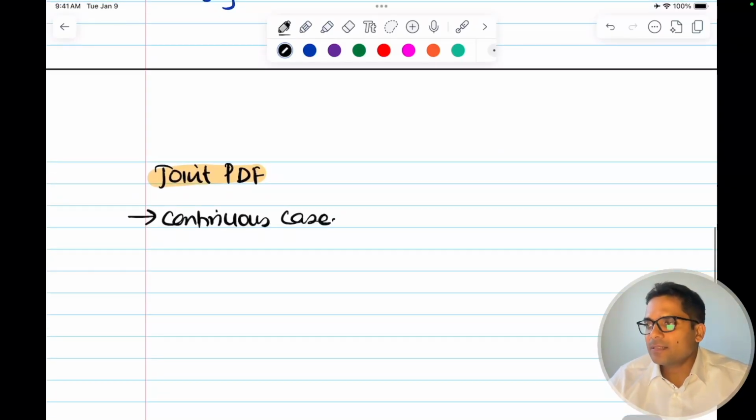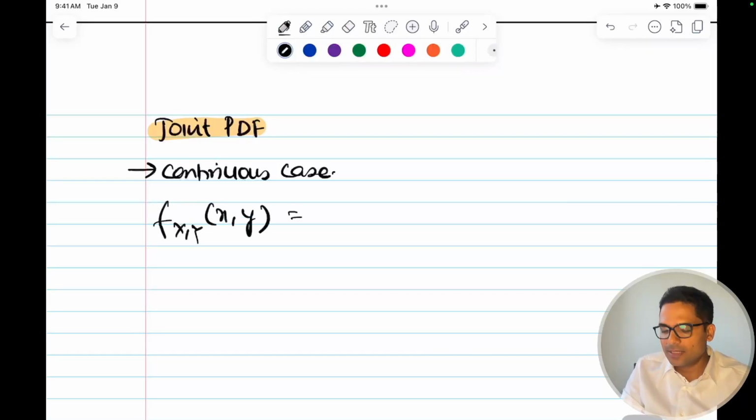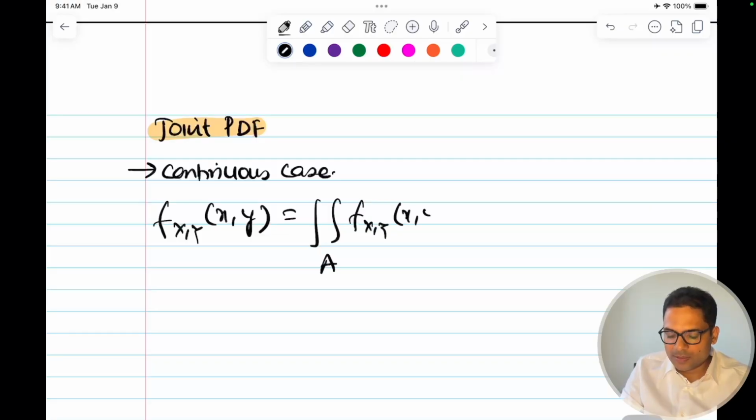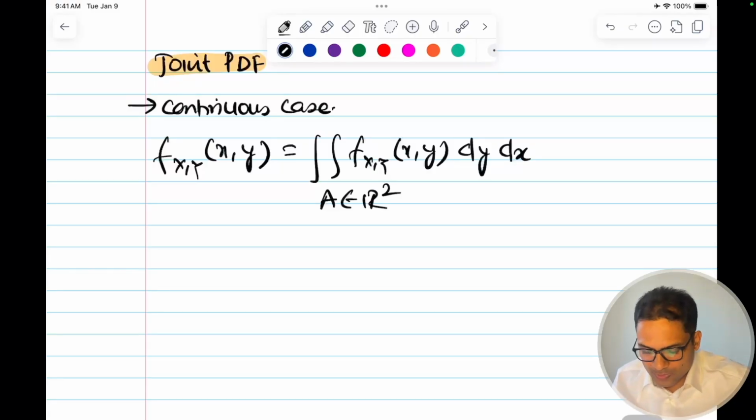How do we denote this? We denote it f of x comma y. This is my PDF. Okay. And generally this is equal to the integral of f of x comma y, dy dx. So this x belongs to 2 dimensions.